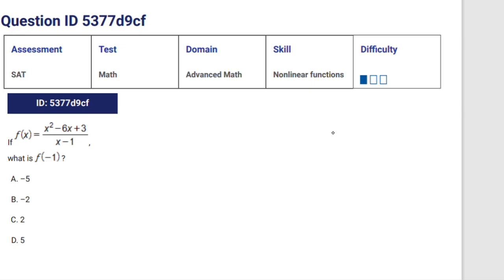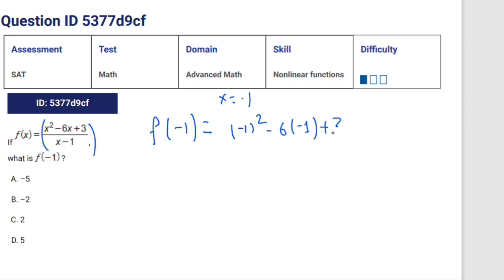If f(x) is equal to this, what is the value of f(-1)? So f(-1) would be, putting x equal to -1, (-1) squared minus 6 times (-1) plus 3, divided by -1.